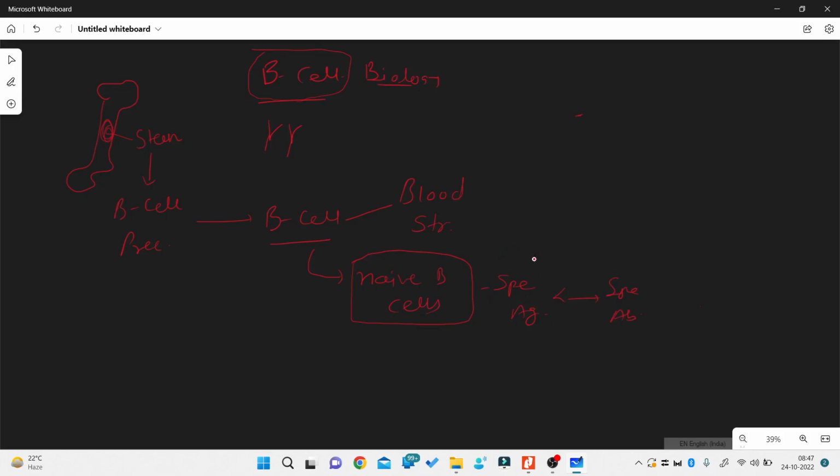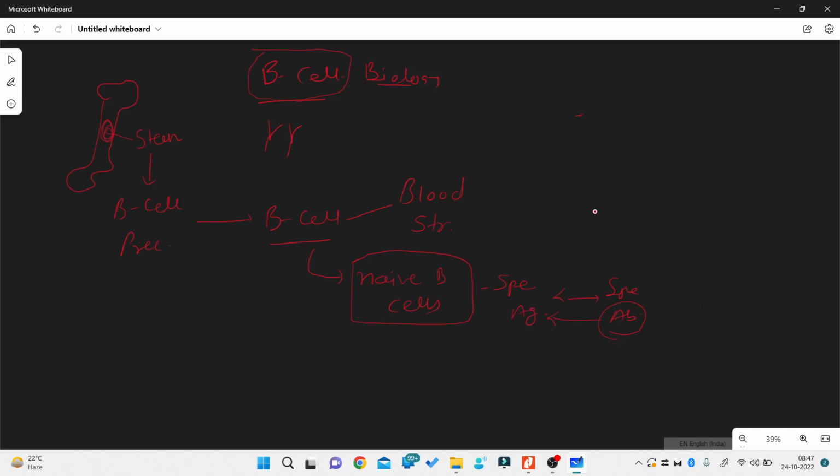Basically, there is no term like specific antigen, but why am I putting this word? Because of one word, specificity, you have to remember that word. So the antibody produced by a B cell is always specific to that particular antigen, right?